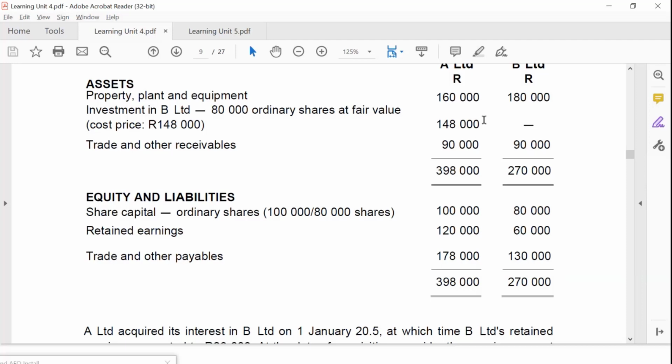If I buy stationery, it's debit stationery, credit bank. If I buy a TV set for my company, debit TV set, credit bank. So it's the same thing. When the parent company went to buy some shares in B Limited, it passed a journal entry: debit investment 148,000, credit bank 148,000.